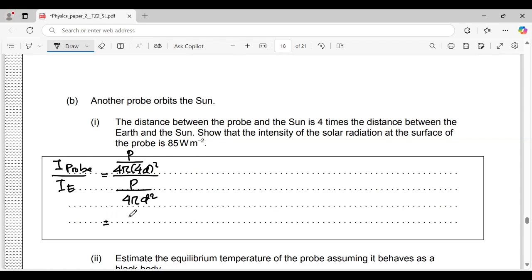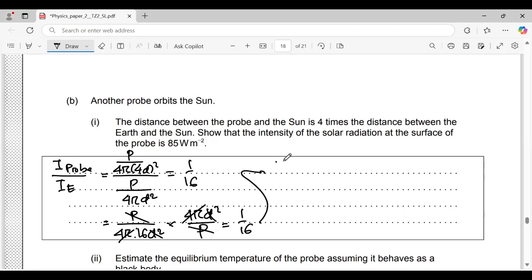If we derive this formula, it becomes P over 4 pi times 16 d squared, times 4 pi d squared over P. Look, that's 1 over 16.